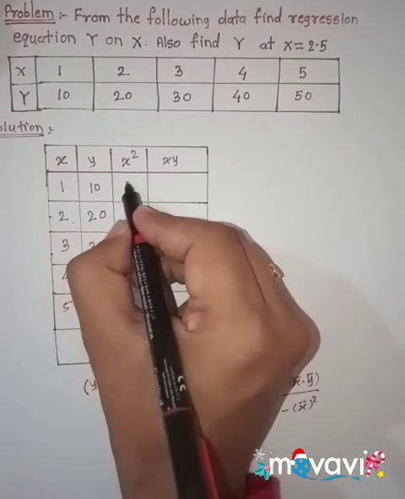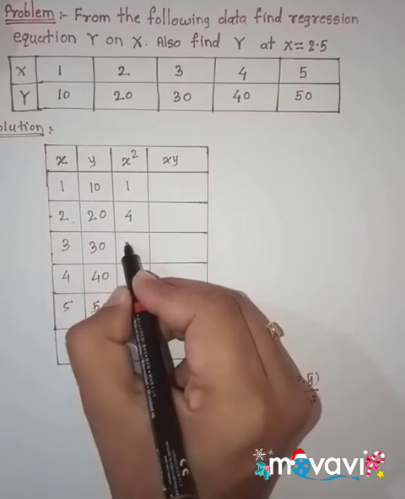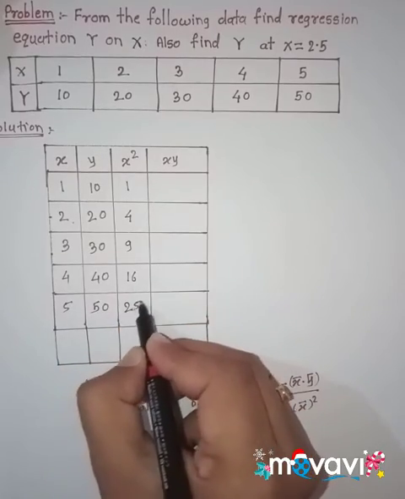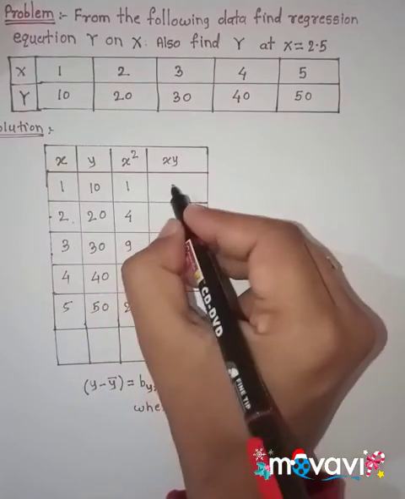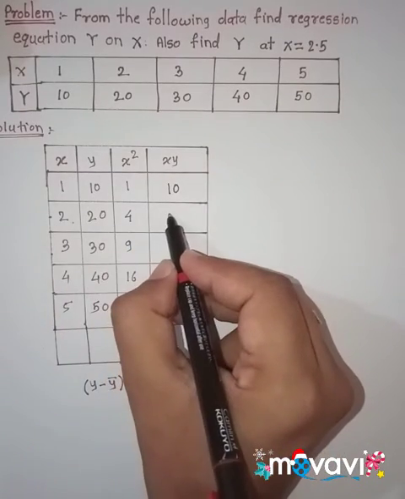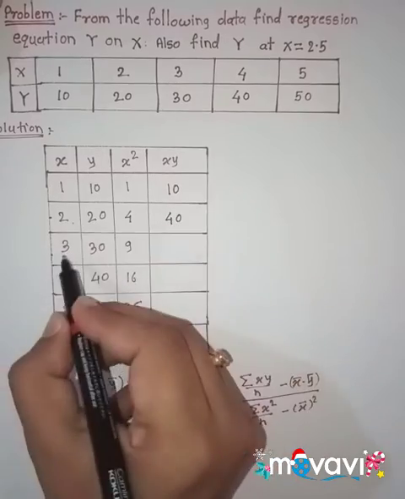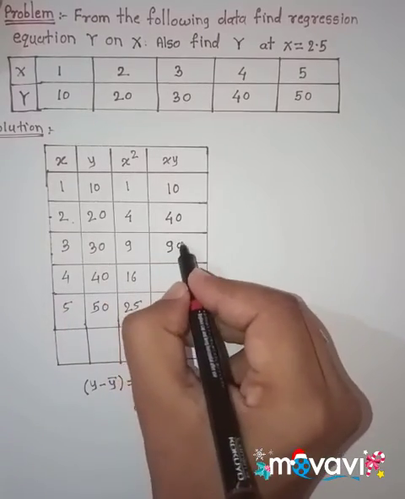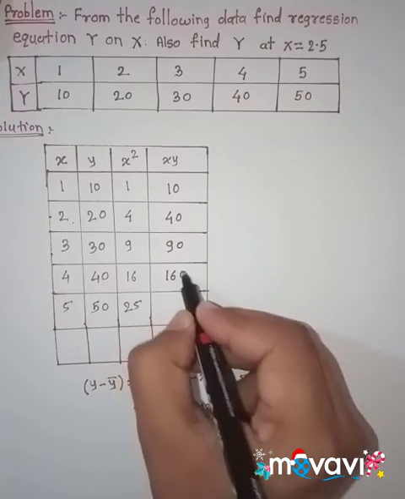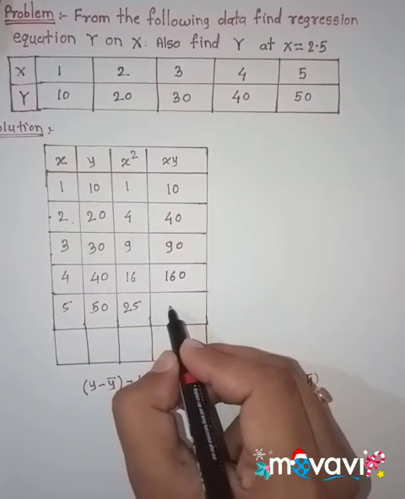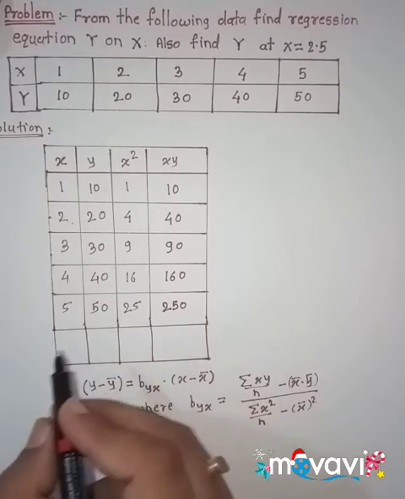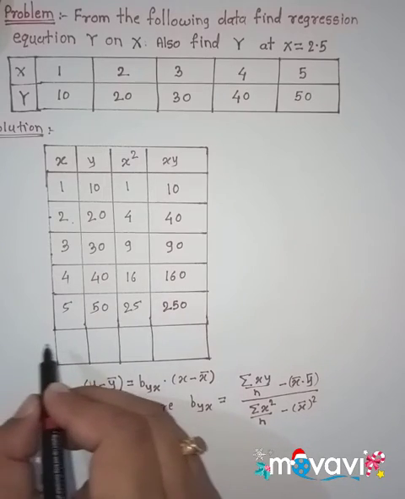Then x square, 1 square is 1, 2 square is 4, 3 square is 9, 4 square is 16, 5 square is 25. X into y, 1 into 10 is 10, 2 into 20 is 40, 3 into 30 is 90, 4 into 40 is 160 and 5 into 50 is 250.